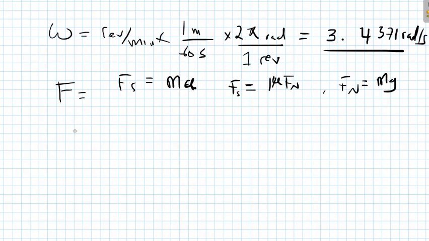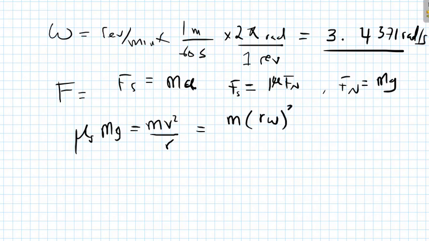So we simply say mu s multiplied by mg is equal to mv squared over r, which is the same as m r omega squared.